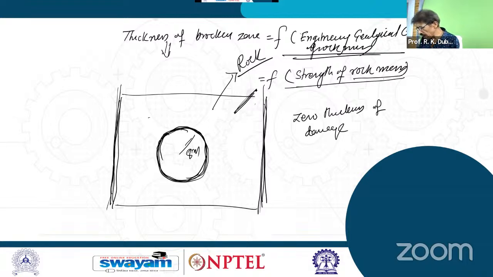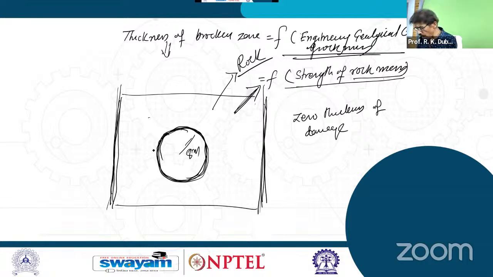It means the strata is competent, hard, compact and strong, able to bear the load redistribution of in situ induced load, which is responsible for creation of such type of damage zone.